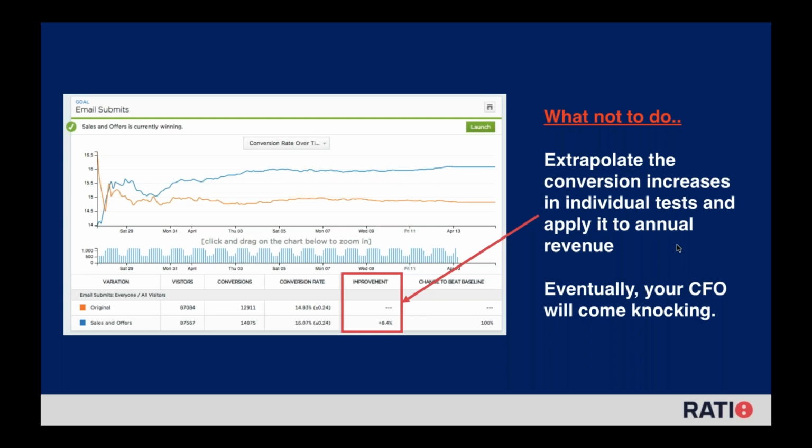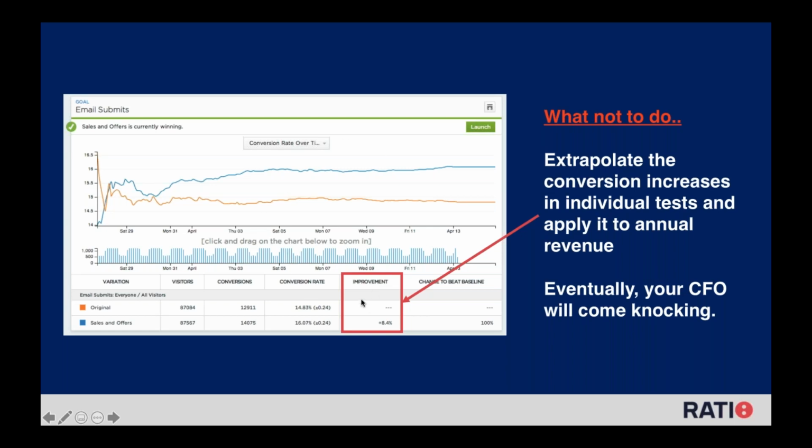So most clients that we start to work with, when they are trying to provide information to the board on the success of their optimization program over the course of, let's say, a year, or even when they're trying to demonstrate the commercial return from any one individual experiment, look at the conversion improvement that they're finding in their testing platform and apply that conversion improvement to the annual revenue or number of conversions that the website is making, or at least the amount of that annual revenue that would be affected by the journey that was tested.